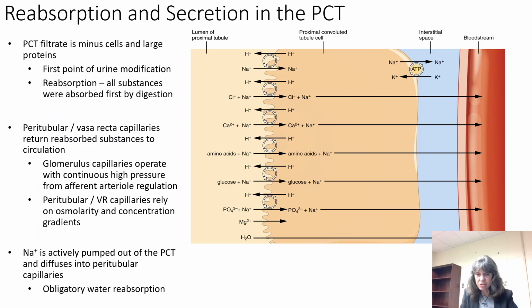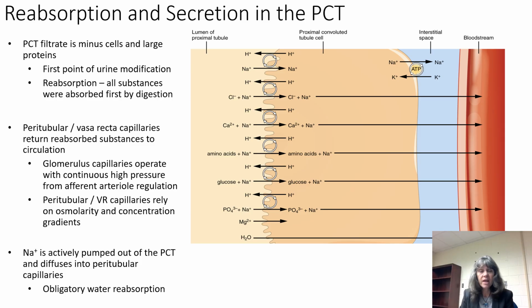After filtrate is produced by blood flowing through the capillary tuft inside the glomerular capsule, or Bowman's capsule, we have a filtrate, which is potential urine. The filtrate enters the proximal convoluted tubule, that's what PCT stands for.